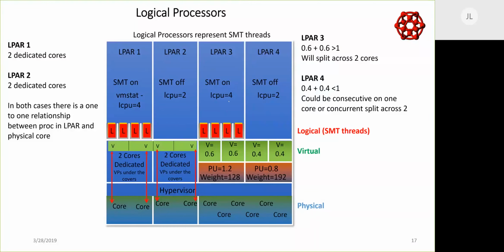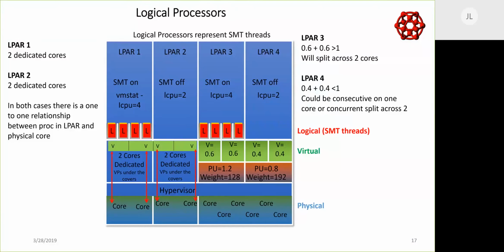Now if we look at LPAR 3, in this case we gave it an entitlement of 1.2, which is this PU, and it has 2 virtual processors, which we assigned it. So it still has 4 logical CPUs. Again, it's an SMT2 example. Because we gave it a 1.2 entitlement, each virtual processor is worth 0.6 of a core, or approximately 6 milliseconds.